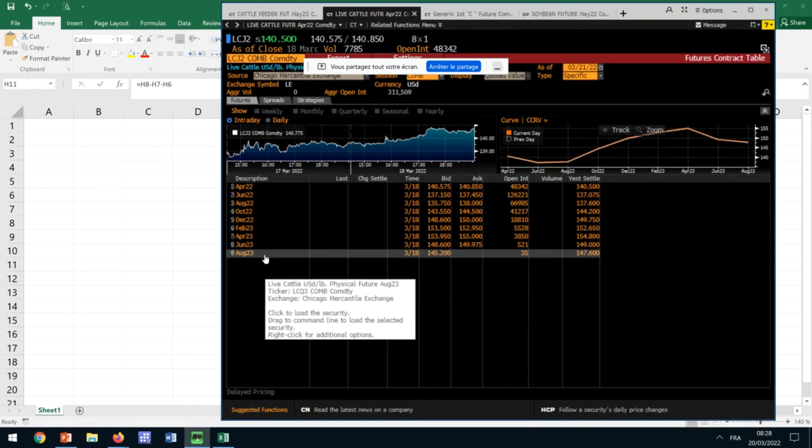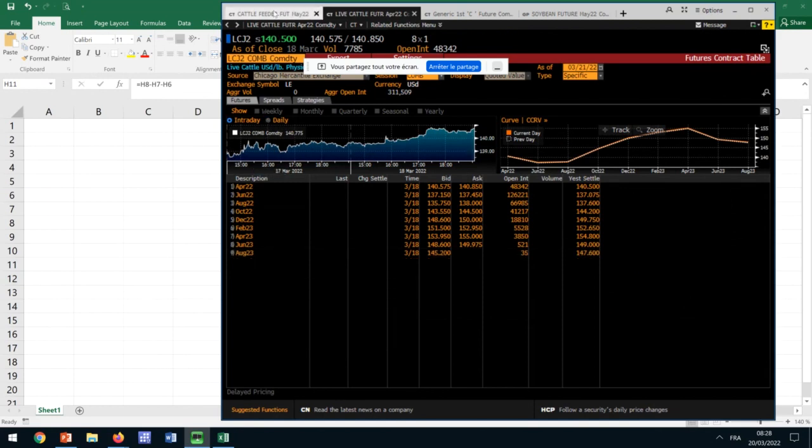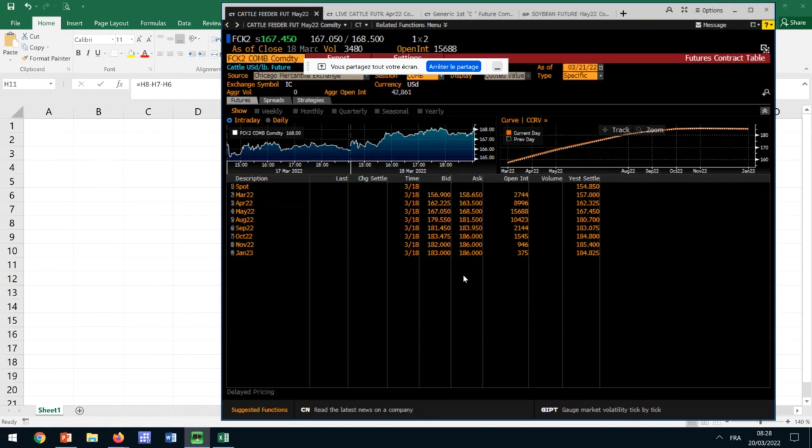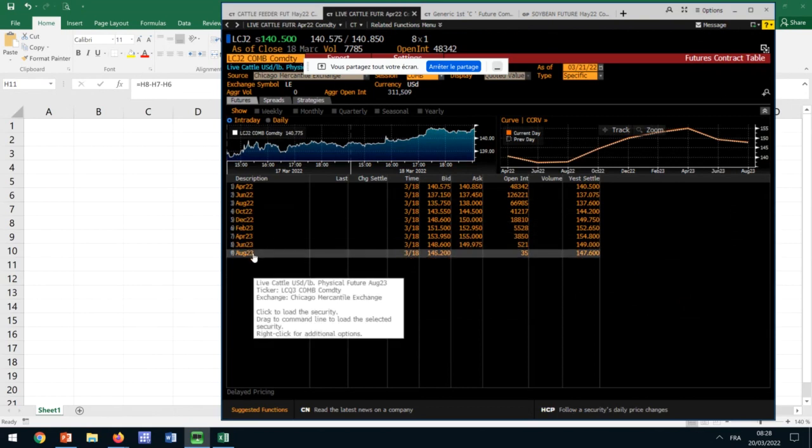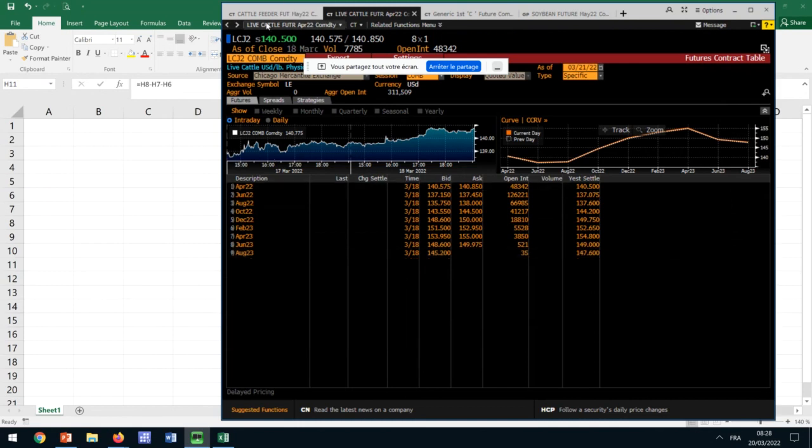But that's perfect. So we can check what would be the cattle crush between January and August, a period of about 6 months. Okay, so let's do that.